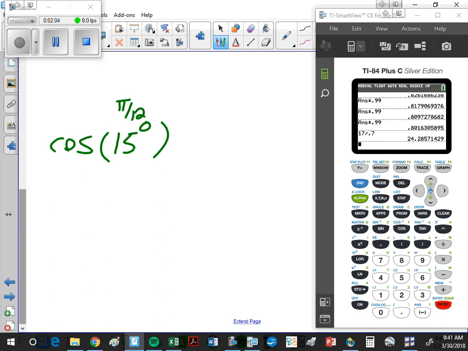It's the difference between any two adjacent points in a quadrant. So we could say the cosine of 60 minus 45, or 30, or 45 minus 30, or 150 minus 135. There are a whole bunch of ways to do that.